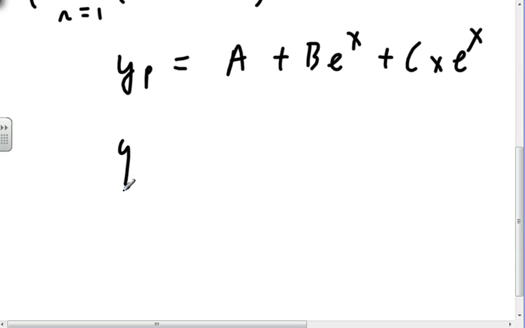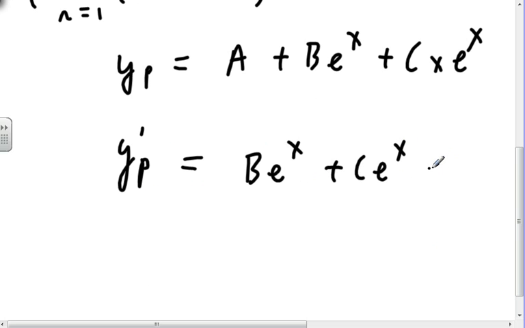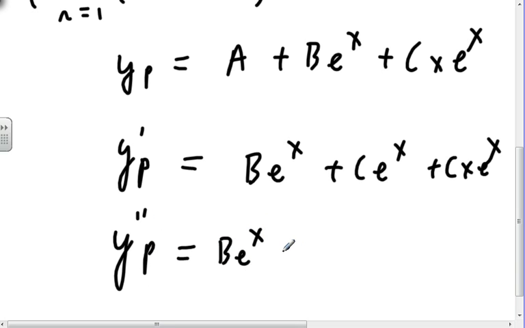Okay, so y p prime is b e^x plus c e^x plus c x e^x, y double prime is b e^x plus 2c e^x plus c x e^x.